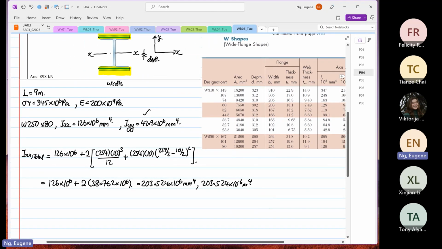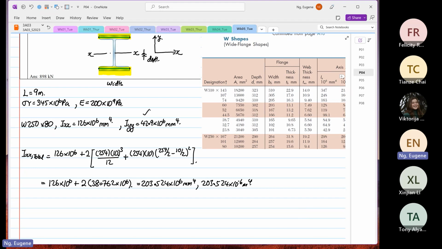I get 203. The book is 216. Maybe I pressed my calculator wrong, or hold on. Let me check the numbers. The numbers are different because the right value is 254, they use 255. The right value is 257.